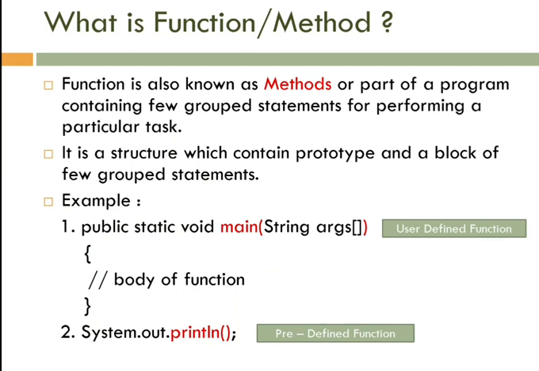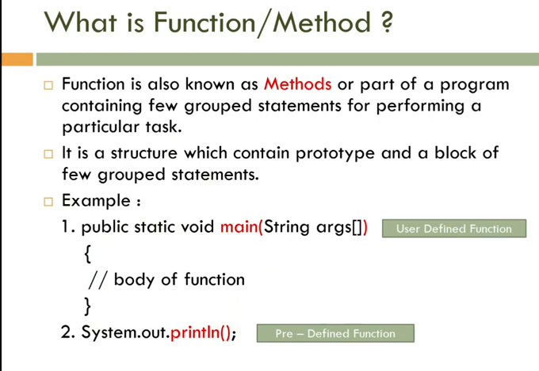For example, if the task is to find a factorial, we need a few lines, and these lines are a few grouped statements. If I group those statements together inside one thing, that is a function. How I'm going to do that, I will tell you later.